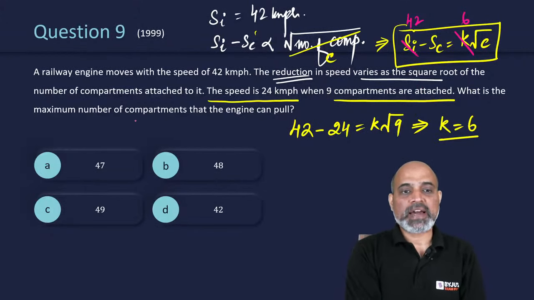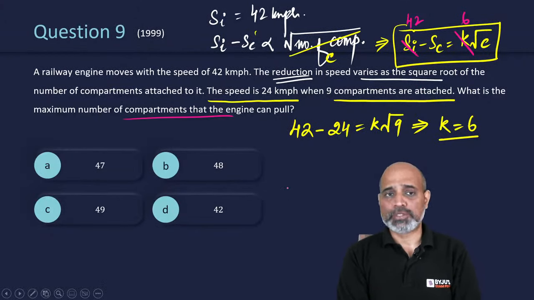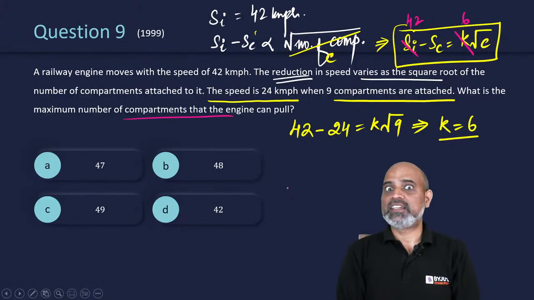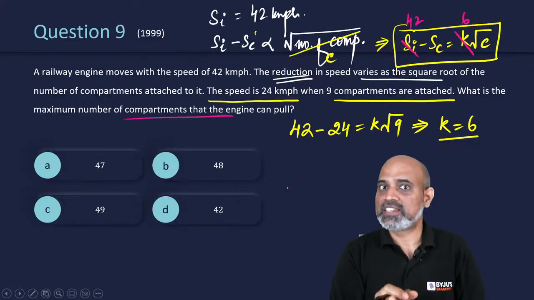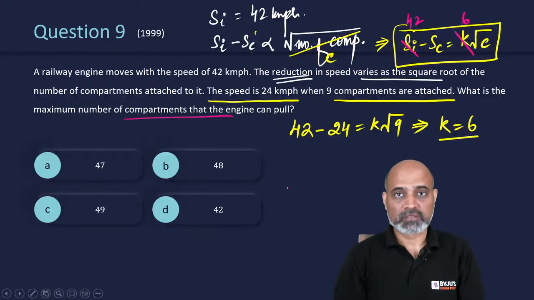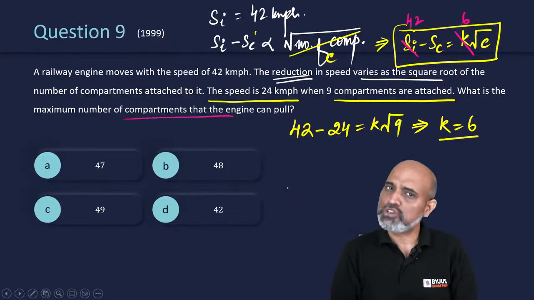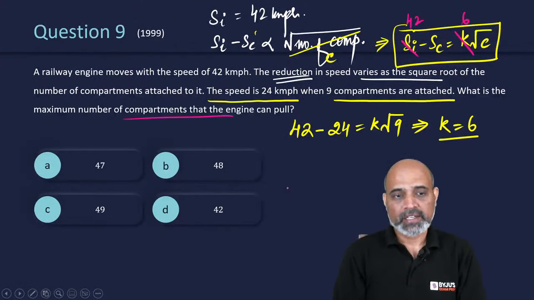Question is, what is the maximum number of compartments that the engine can pull? So what I'm saying is, suppose the train is stationary, the current speed of the train is 0. It's not moving. Means those many compartments were attached so that the train engine is not able to pull it, right?